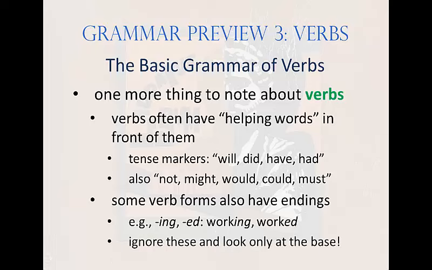Therefore, in this lesson, it's best for you just to forget endings like -ing or -ed when you're trying to determine whether a word is a verb or not, and instead simply test the base of the word. For example, work instead of worked or working. For that reason, as we go about identifying verbs in sentences and paragraphs below, we'll remove any -ing or -ed ending before we test to see if a word is a verb.